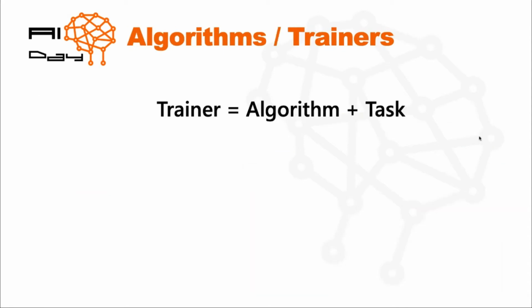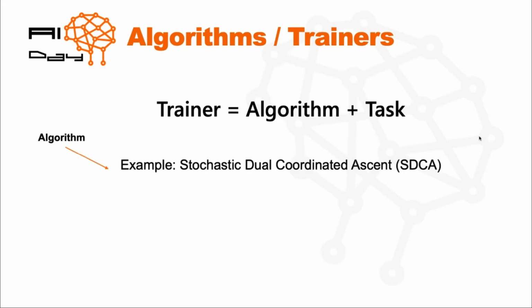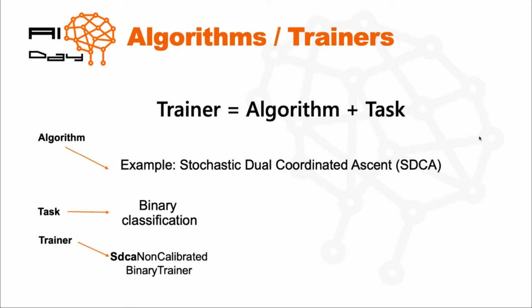Then in ML.NET, there are a lot of trainers. The trainer is basically the conjunction between algorithm and task. Okay, so maybe you have an algorithm, stochastic dual coordinated ascent, or maybe you have a neural network or others. Then in which task are you applying this algorithm?